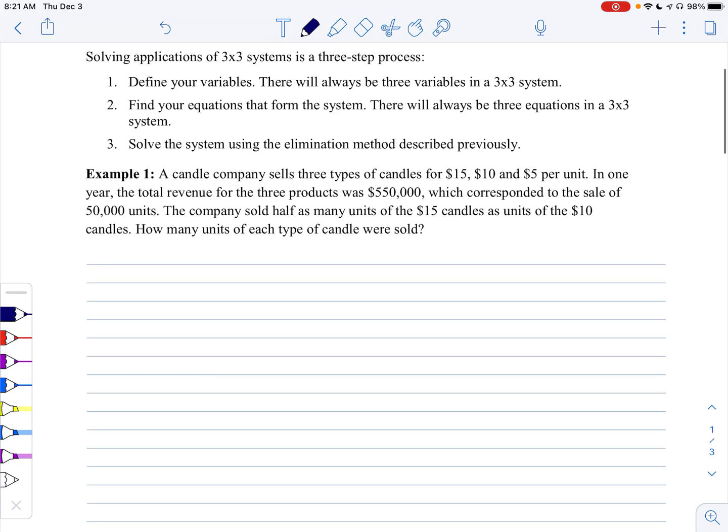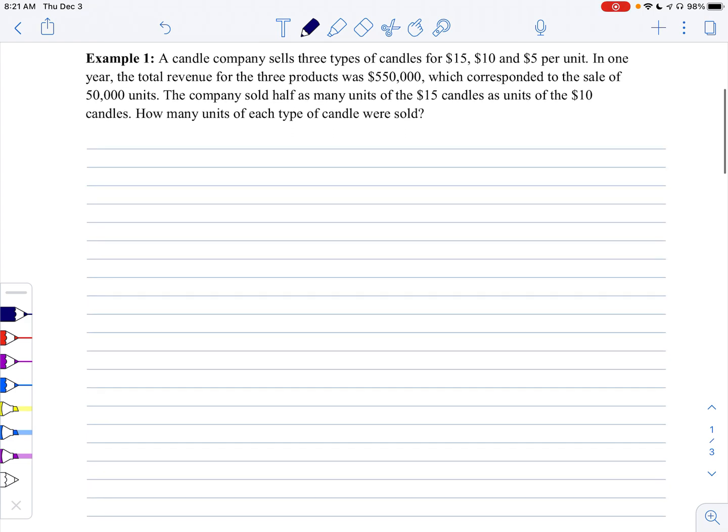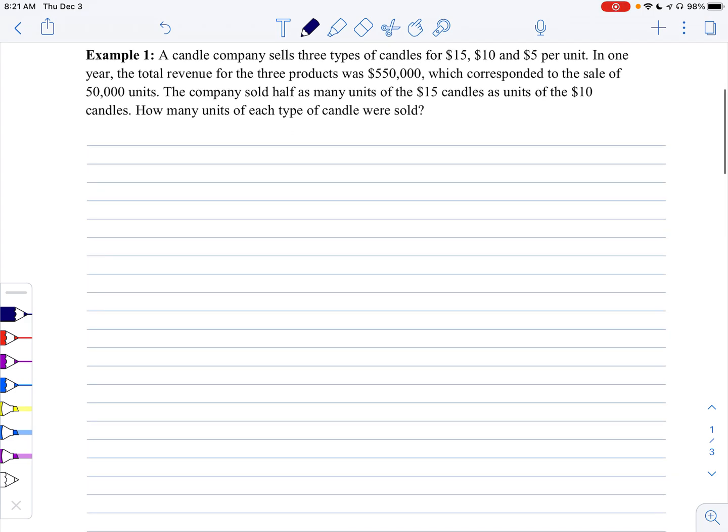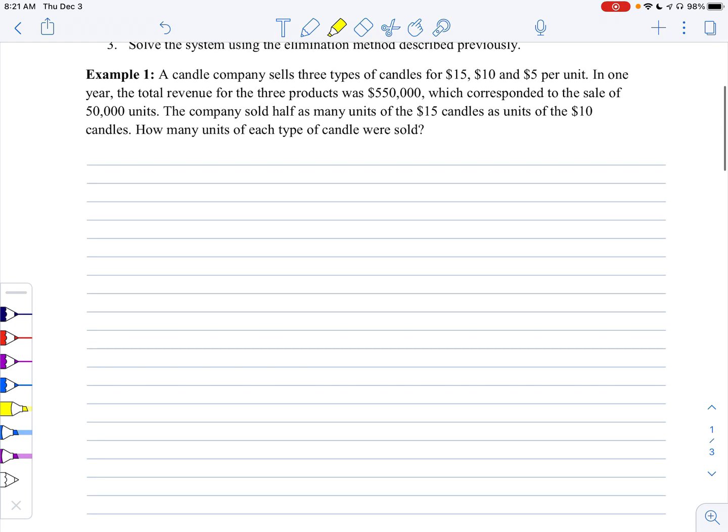Okay, so let's go ahead and look at this example one. It says a candle company sells three candles for $15, $10, and $5 per unit. So that's important there. We have three types of candles sold for three different dollar amounts.